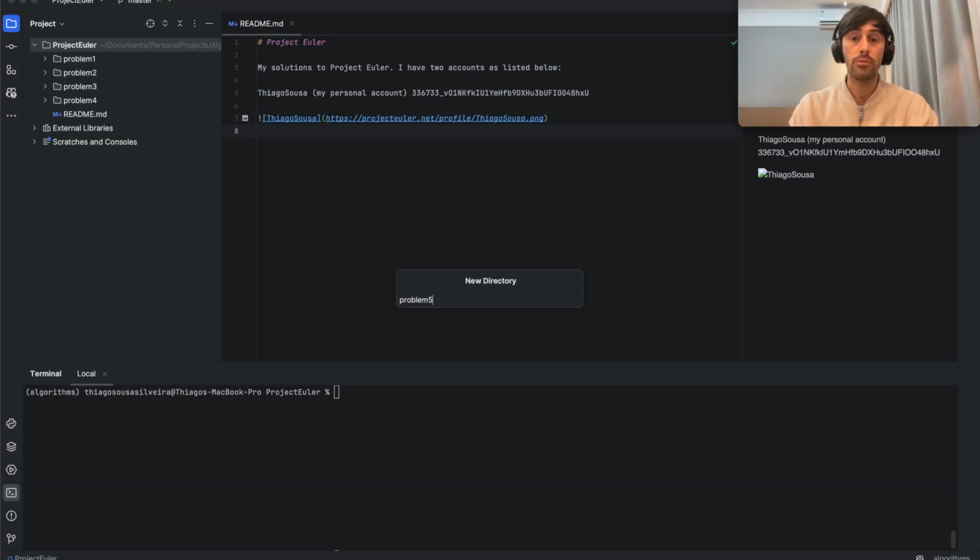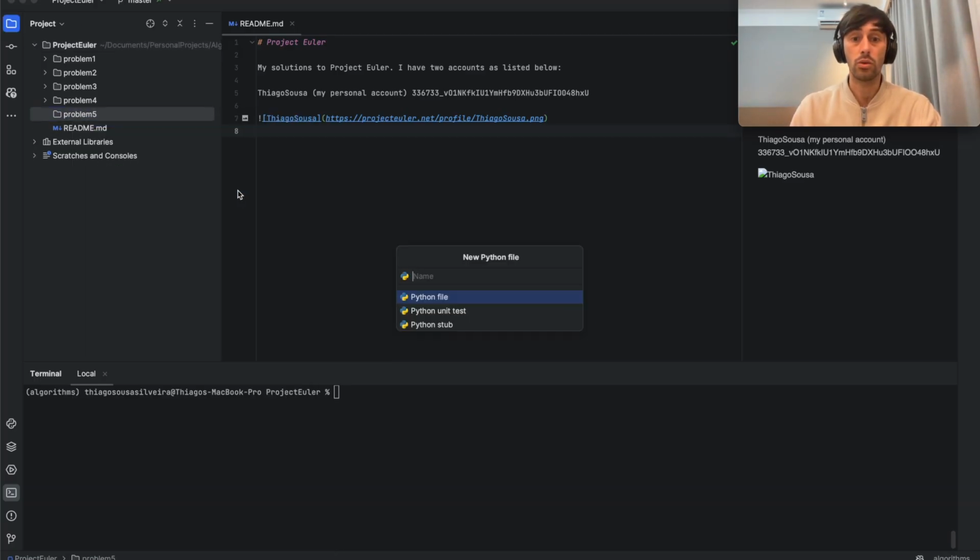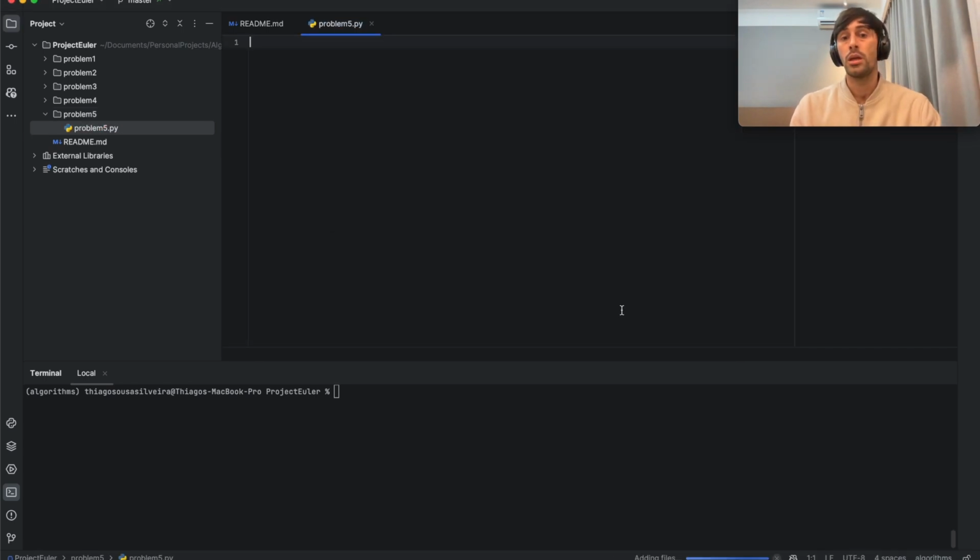So let's just create our problem 5 file. Yes, so this is going to be a mathematical solution.